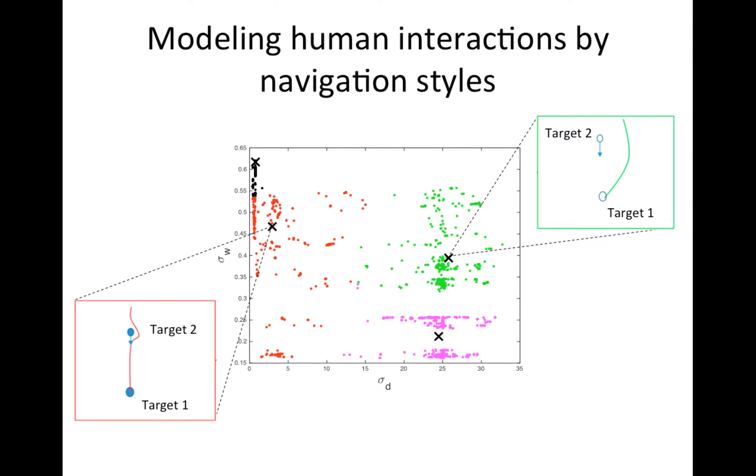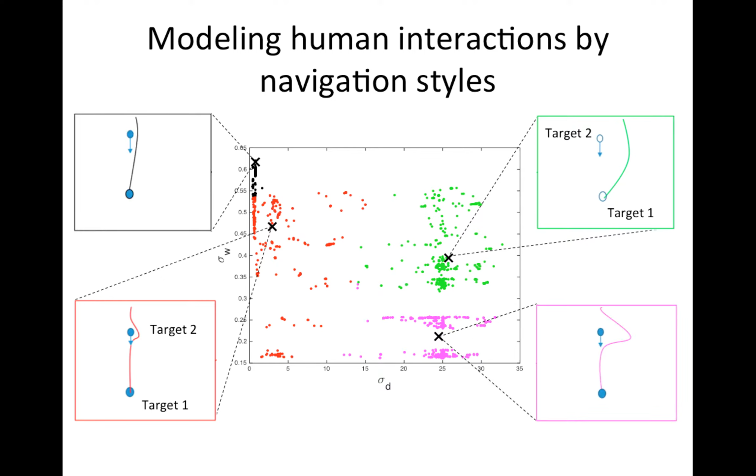It tends to avoid a collision with target 2 at the very last minute. Other examples are in purple and black. Our experiments show that by injecting these different interaction styles in our activity and prediction models, we can actually achieve much higher accuracy compared to the case where no interaction styles are used.